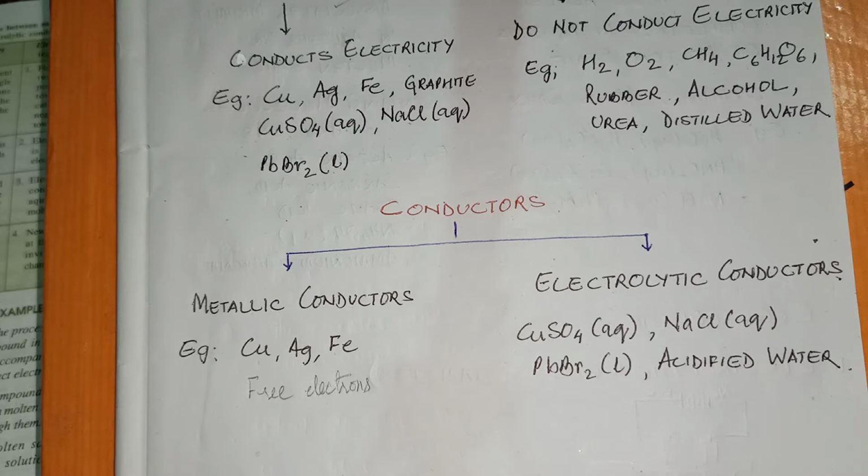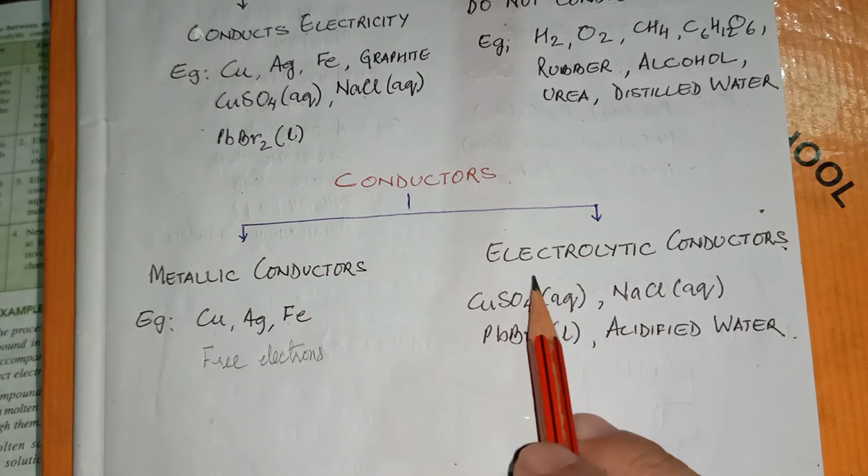Now during that process, our wire does not change. If you are using copper wire, that copper wire does not change into silver wire or iron wire. The wire remains copper. Therefore, the property of metallic conductors is that they do not undergo any change, and they conduct electricity due to the presence of free electrons.